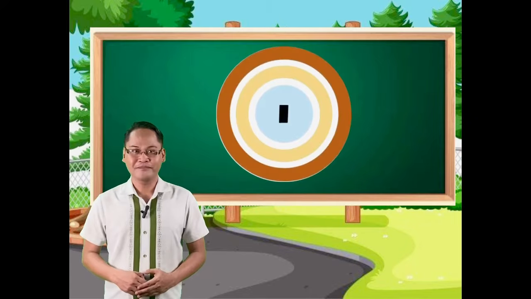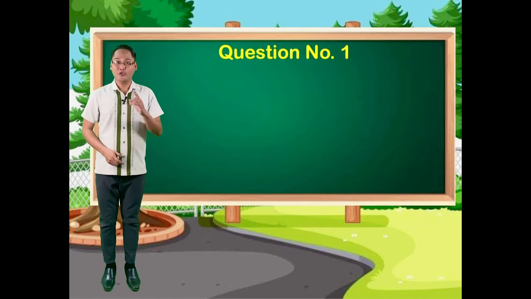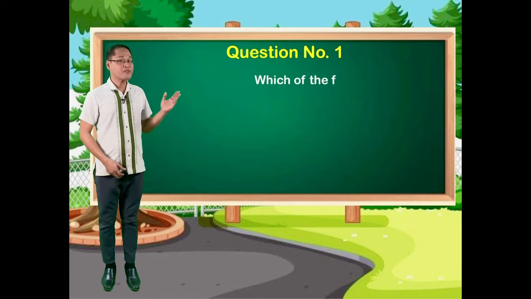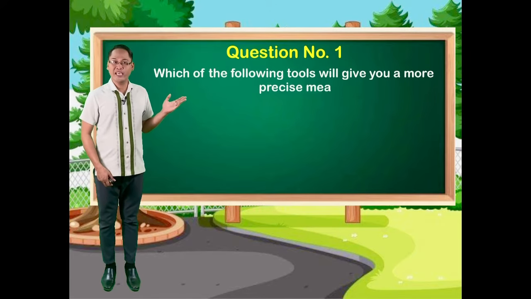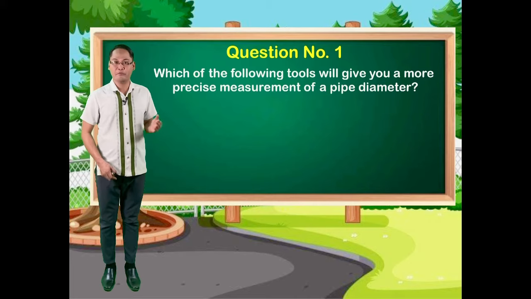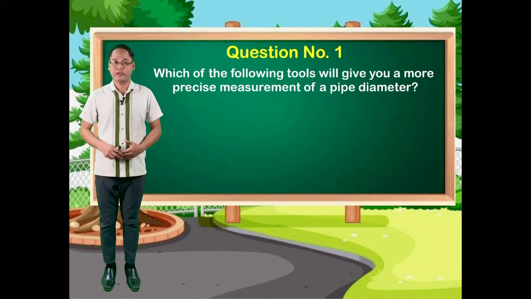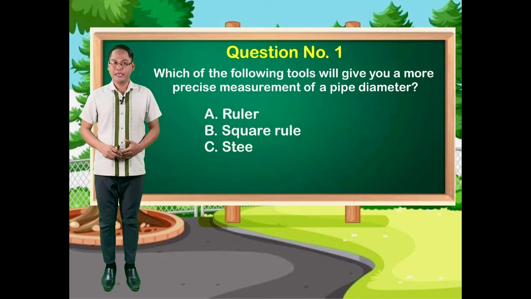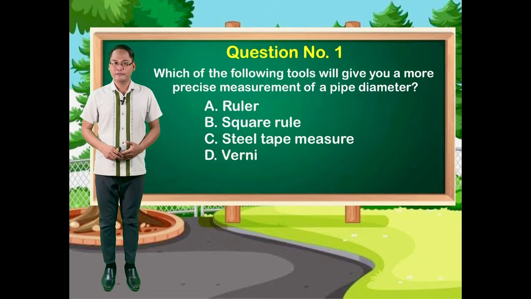Let's roll. First question. Which of the following tools will give you a more precise measurement of a pipe diameter? A. Roller. B. Square rule. C. Steel tape measure. D. Vernier caliper.